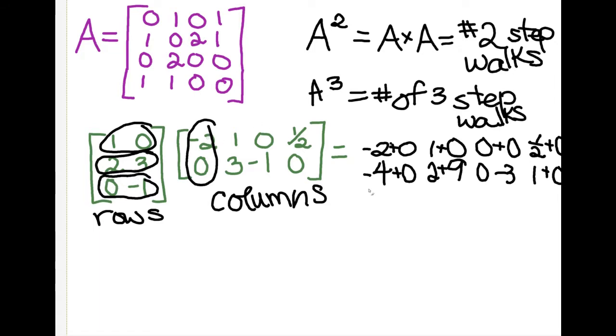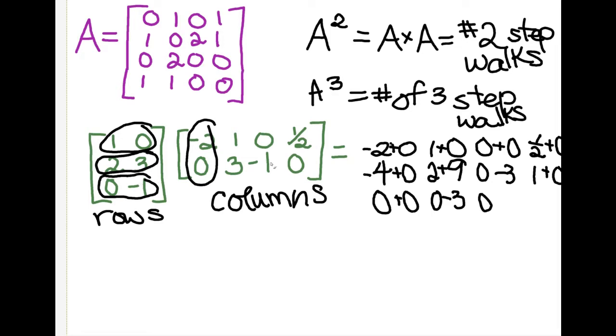we get 0 times negative 2, which is 0. Minus 1 times 0, which is 0. Then I move to the next column, stay in the same row. 0 times 1 is 0. Negative 1 times 3 is negative 3. 0 times 0 is 0.